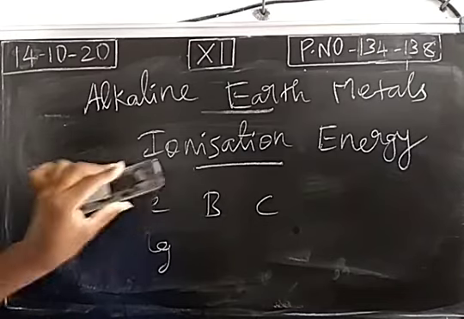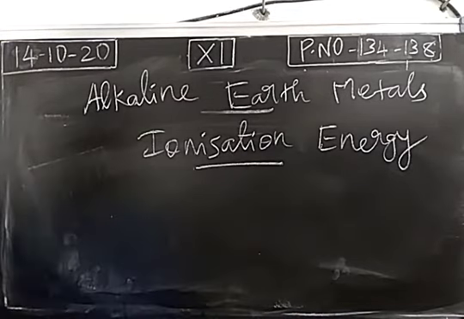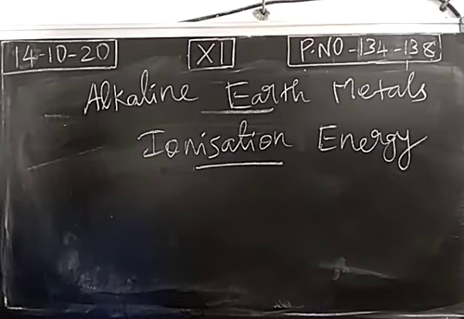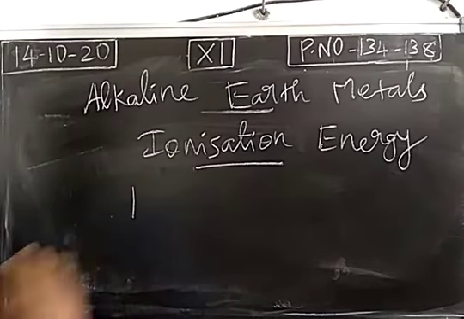As we discussed in the periodic classification lesson, top to bottom, atomic size increases, screening effect increases, attraction between the proton and electron will be less, so we can easily remove the electron. Ionization potential decreases from top to bottom. Here you have to note an important one-mark point. First ionization energy.